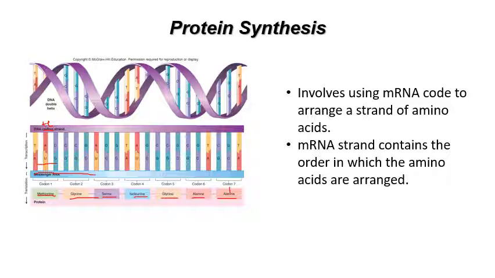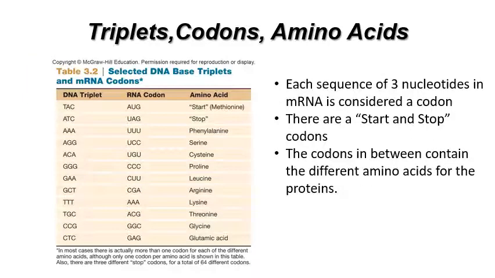Okay, so we're going to use this code to put our specific amino acids in order, making those peptide bonds between our different amino acids. And you can see it actually gets more complicated, but this is the DNA, so the corresponding or complementary RNA is 3 U's. 3 U's would code for phenylalanine.